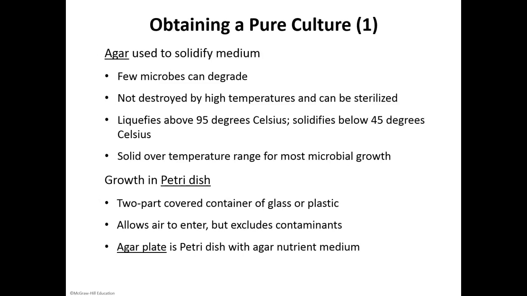So we sterilize the agar using an autoclave. It is liquid anywhere above 95 degrees Celsius, and it solidifies at around 40 degrees Celsius. So as it moves from liquid to solid, we can pour the agar into Petri plates that are sterile. And this allows us to have solid media.